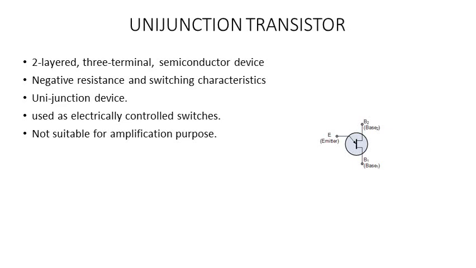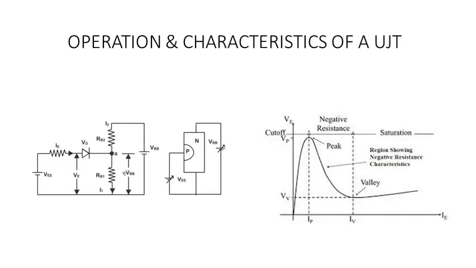And this also acts as a reverse bias. Until this voltage exceeds this, you will say that this particular diode is reverse biased, and IE will be 0. As you keep increasing the voltage, there will be a point called the peak point voltage, VP, where conduction starts. This is when your diode will become forward biased.